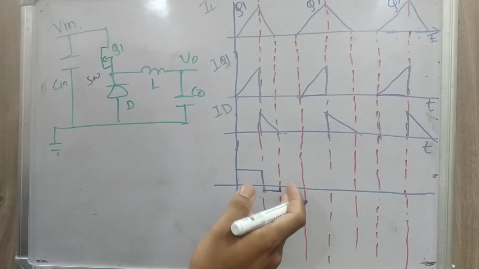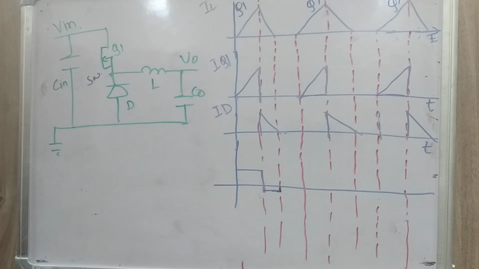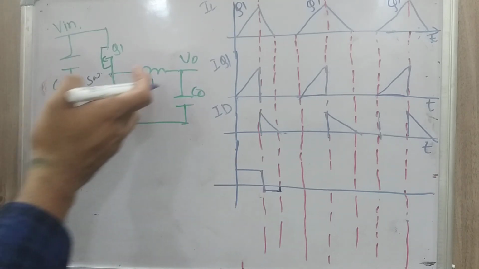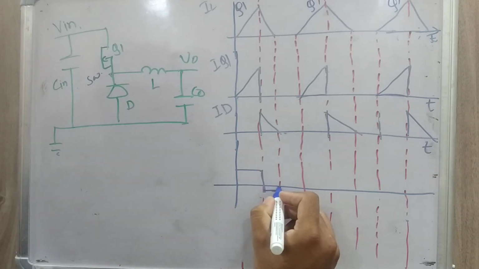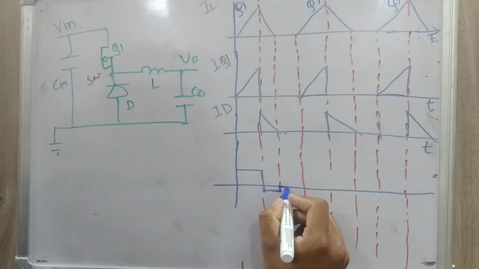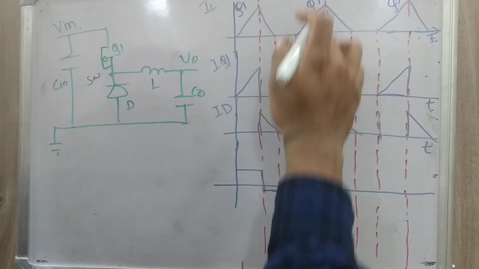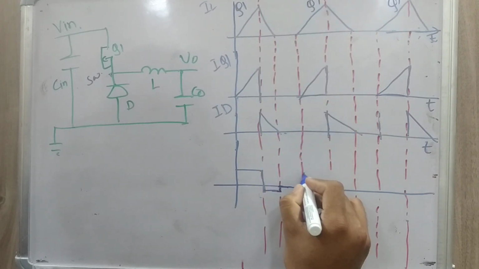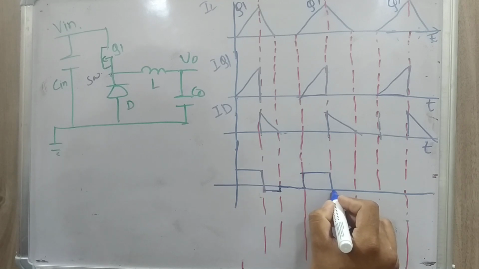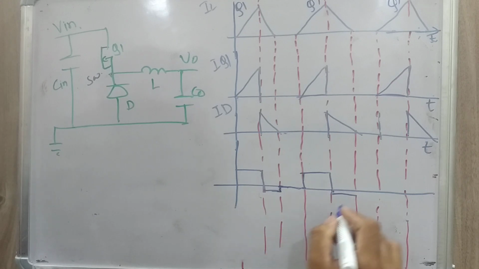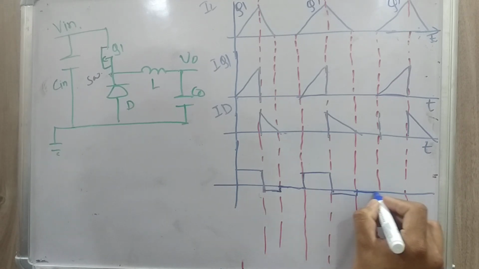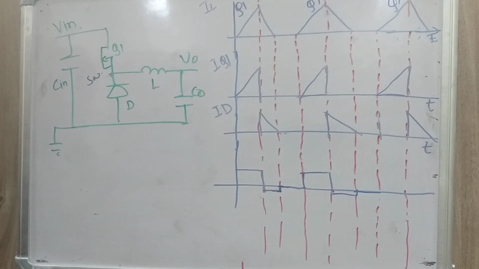During this time, it cannot forward bias the diode D, because the energy stored in the inductor is finished. So it goes to 0 and remains there until Q1 turns on again, when it goes to positive. Then when Q1 is turned off, it goes to minus 0.7, then again goes to 0 for the remaining PWM cycle.